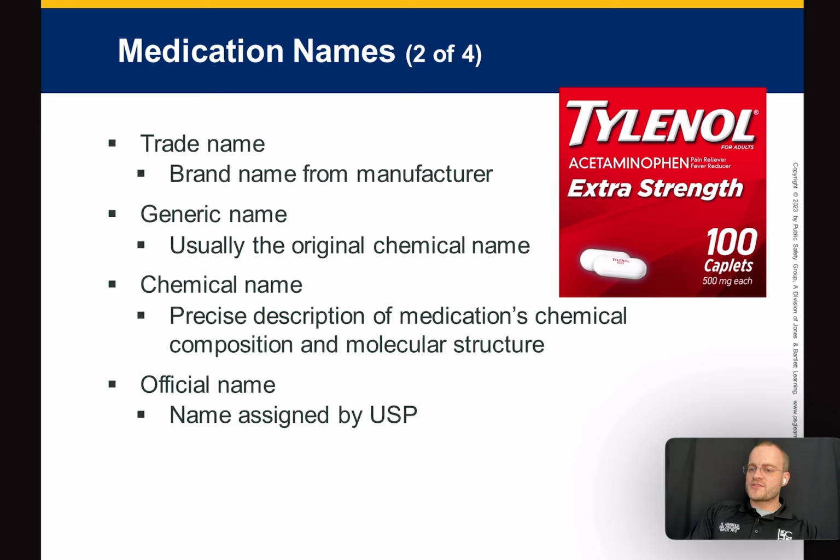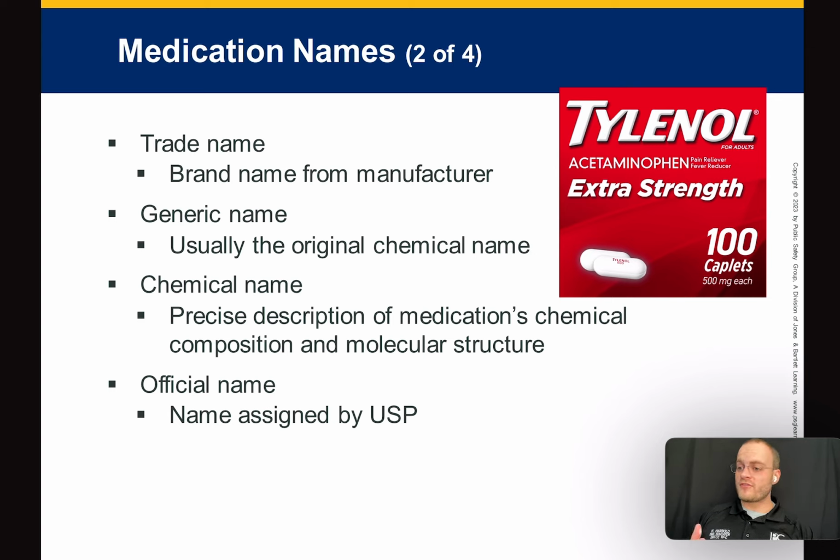So chemical name, this is the precise description of the medication's chemical composition and molecular structure. You don't need to know chemical names in EMT school or even medical school, but it's there. It is a name, okay? And then the official name is the name assigned by the United States Pharmacopoeia. So the USP is an organization that catalogs and accepts medications.